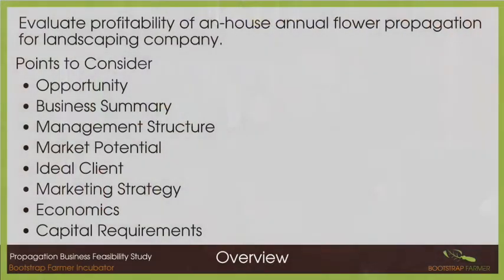And the components are the opportunity that presents itself within the market, the business summary, which is basically your idea to service that opportunity, the management structure, the market potential, the ideal client that comes out of that market potential, the marketing strategy for that ideal client, the economics surrounding both the build out, operations, pricing, profit, loss, all of that goes into basically the financials of the company.